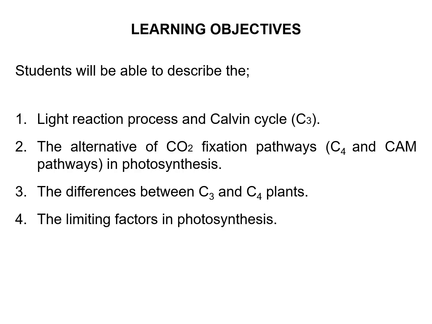The learning objectives for this lecture: at the end of the day, I do hope the students will be able to describe the light reaction process and Calvin cycle, the alternative carbon dioxide fixation pathways in photosynthesis, the differences between C3 and C4 plants, and finally, the limiting factors in photosynthesis.